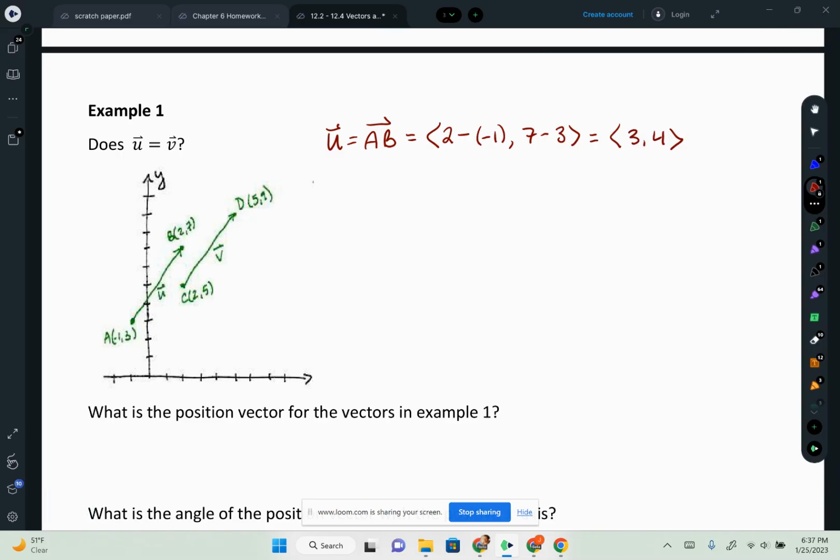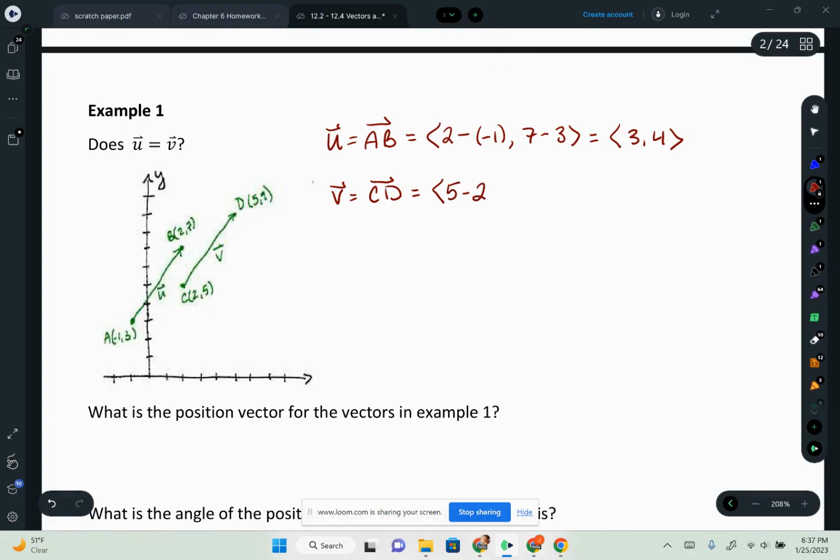All right, so if I want to know if this is the same as the v vector, then I need to create my v position vector. So v is going to be coming from the directed line segment CD, and now we're going to make it into a position vector. We take the rightmost point, that's the D, and so its x value is 5.